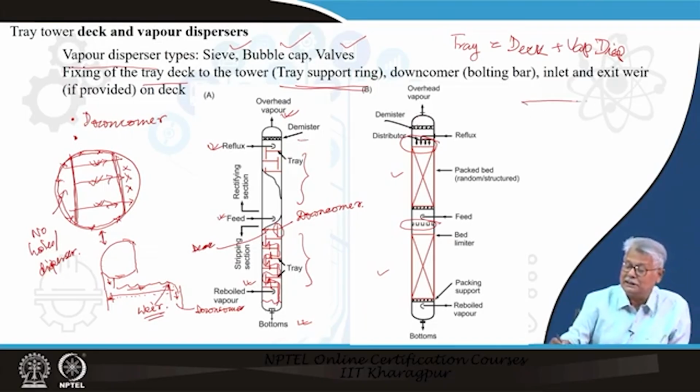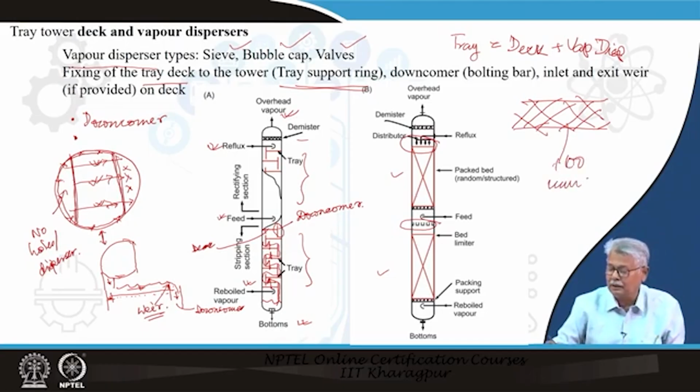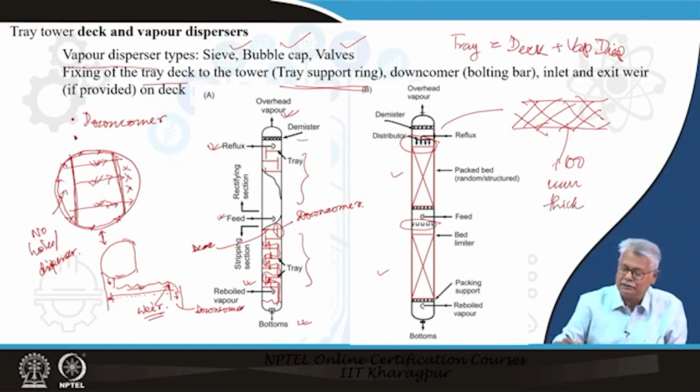The demister is nothing but a wire mesh, typically around 100 millimeter thick. So, that is your demister. What happens? The fine liquid droplets hit this and they get stuck, and later on when the layer grows, it falls off.